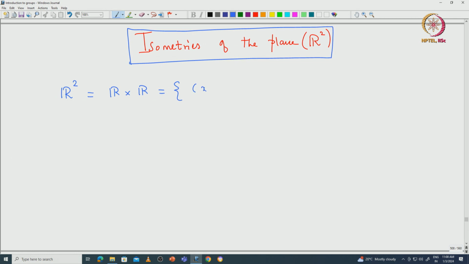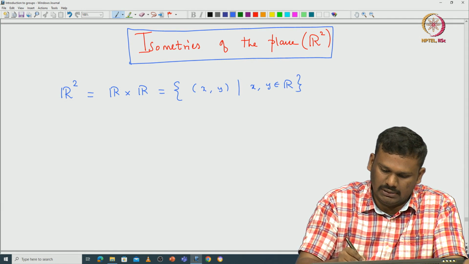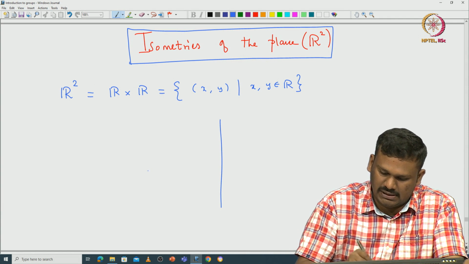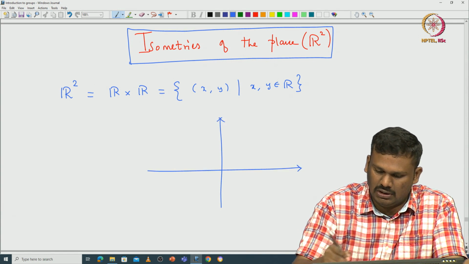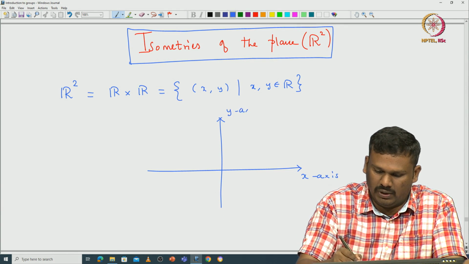We use x comma y to denote the elements of R2, where x and y both come from R. Pictorially, we draw the x axis and the y axis.